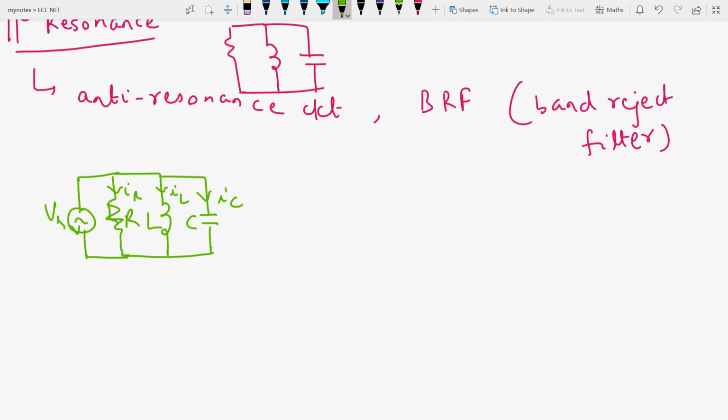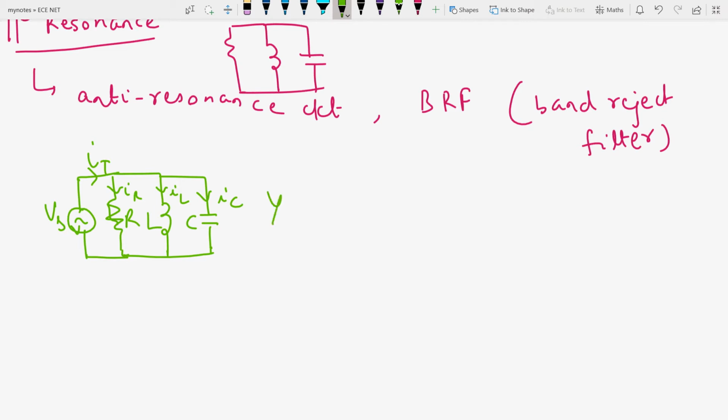This is the voltage source. If this is an electrical circuit, as this is a parallel resonance circuit, what will be the condition here? This will be the total current.